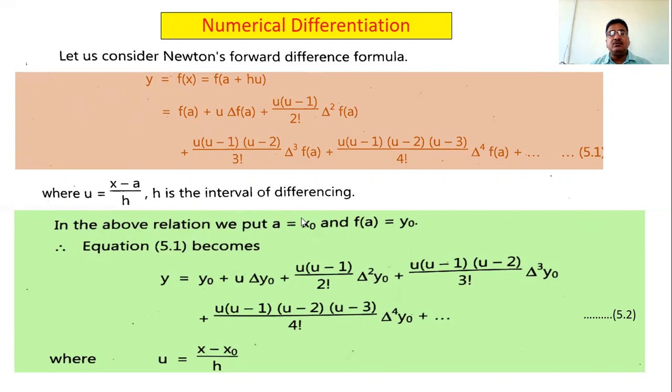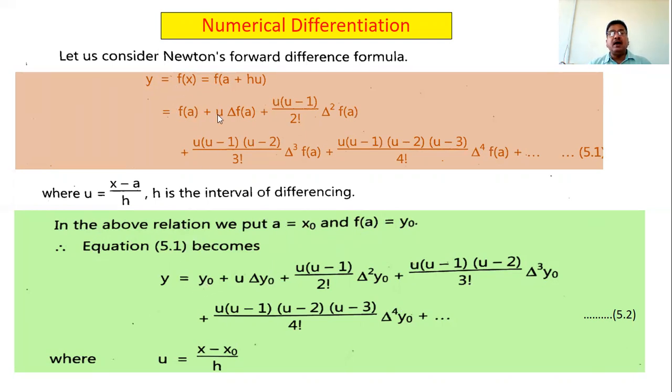Suppose this point a, the first point, is x naught. These are alternate notations for these values: a is denoted by x₀, and f(a) is y₀. That is, the value corresponding to a of y, or f(x), is y₀. So we use these notations.